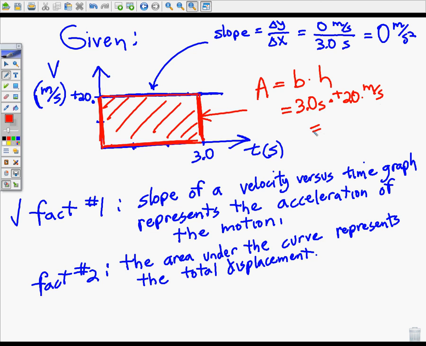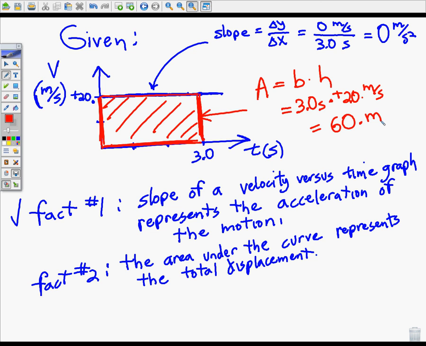And now if we multiply this out with units, 3 times 20 is 60, but seconds times meters per second, the seconds cancel out, and you're left with meters, and voila, that tells you the total displacement.